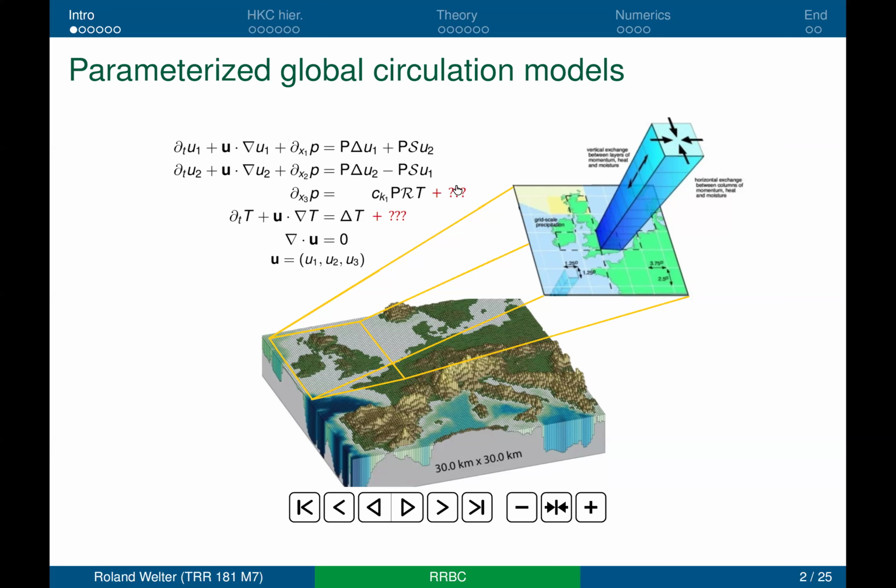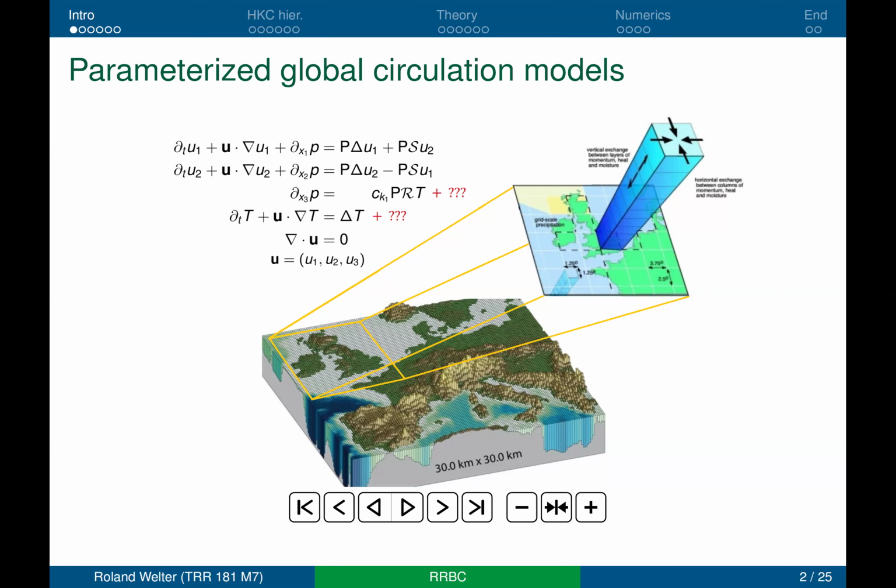So adding in new terms still preserves this nice two-dimensional type flow, but also pushes the model back to reality. And this is called parameterization.